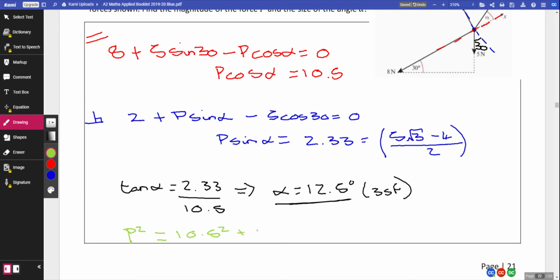So this squared plus this squared is equal to P squared sine squared plus P squared cos squared. Factorise out the P squared, leaves me with sine squared plus cos squared in the bracket, which is just 1. That's where that's come from. And this implies that P is equal to 10.8 to 3 significant figures.